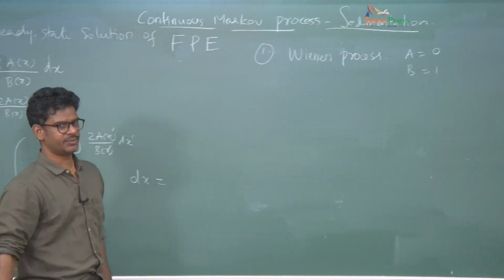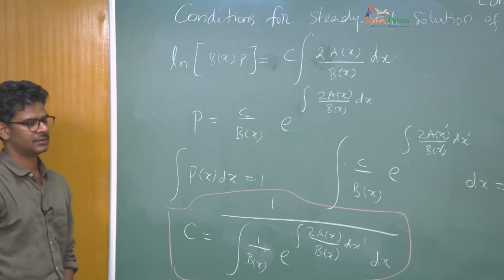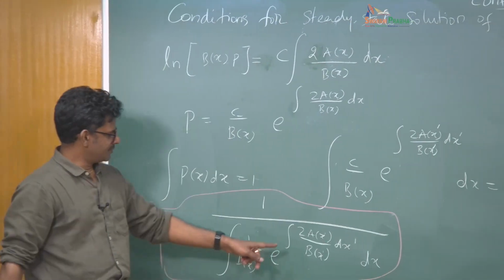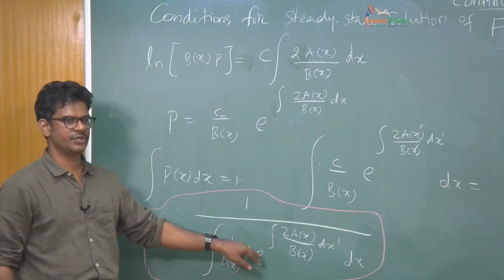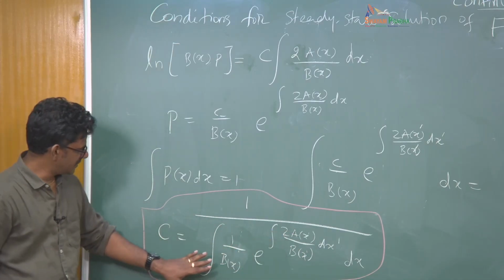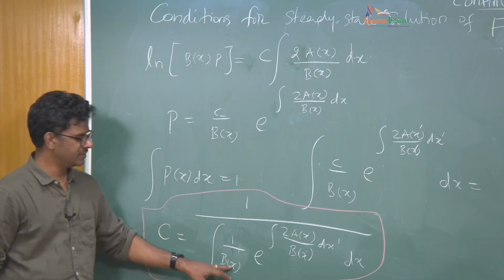The standard Wiener process has A equal to 0 and B equal to 1. So when I substitute A equal to 0, this entire term becomes 0. So e power 0 is 1. Then you are basically left with 1 by B of x dx, and B is constant, 1.